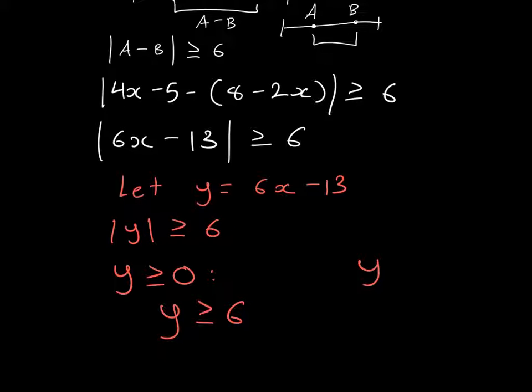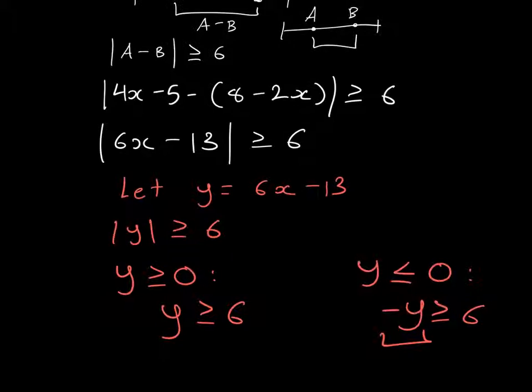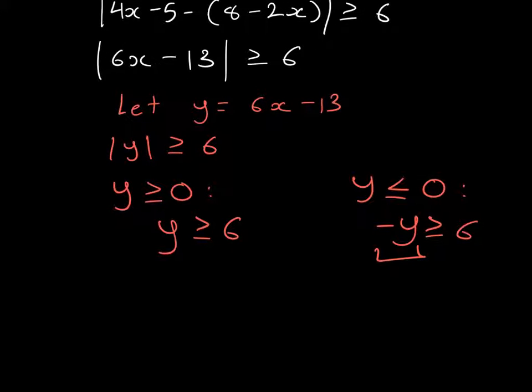But if y is negative or less than or equal to 0, then negative y has to be greater than or equal to 6, because the absolute value will switch its sign from negative to positive, and this part has to be positive. So that's how we get that solution.